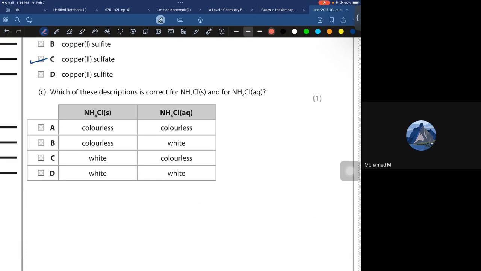Whenever you see a transition metal, it would be coloured, but it's not. So it's white. And ammonium chloride is soluble. When something is soluble in water, just like sodium chloride, you would see a clear solution. So I would take C, because solid is white and aqueous is colourless. You would see a clear solution. Remember, that's why C is your correct option.